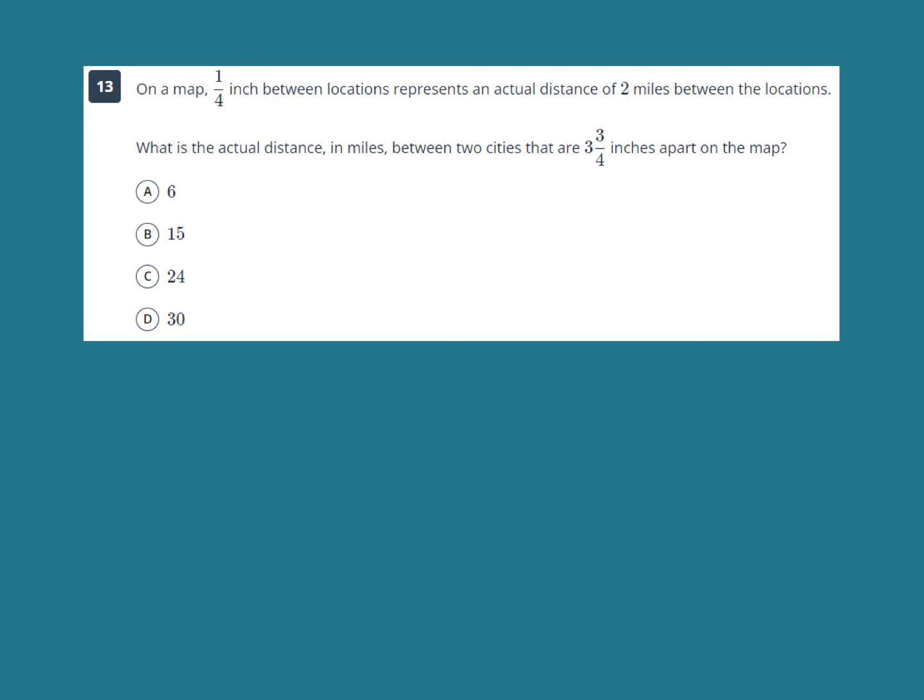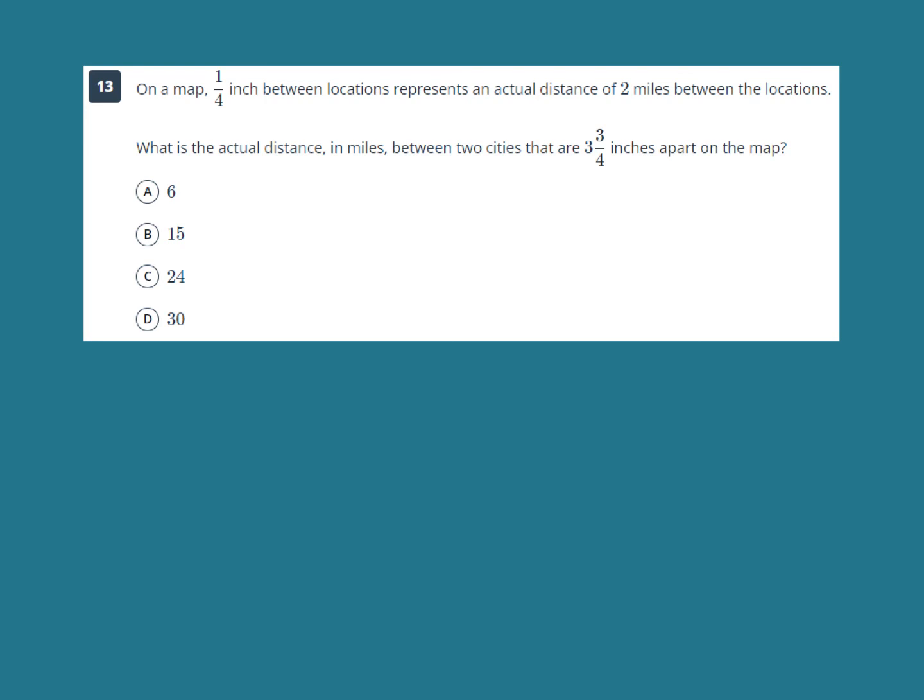We're just going to set up a wonderful XY chart, right? Yes, we are. And this is per mile. So they've given this to us as 1/4.